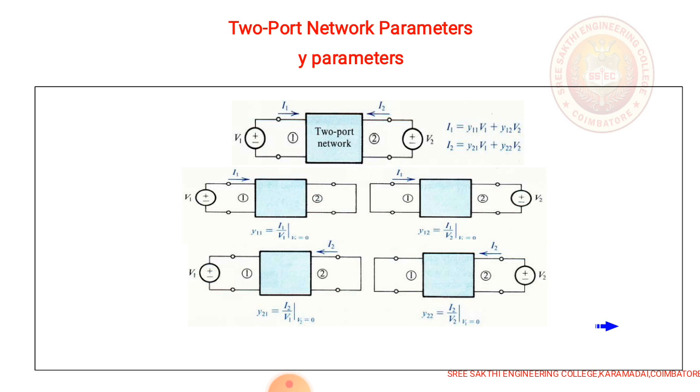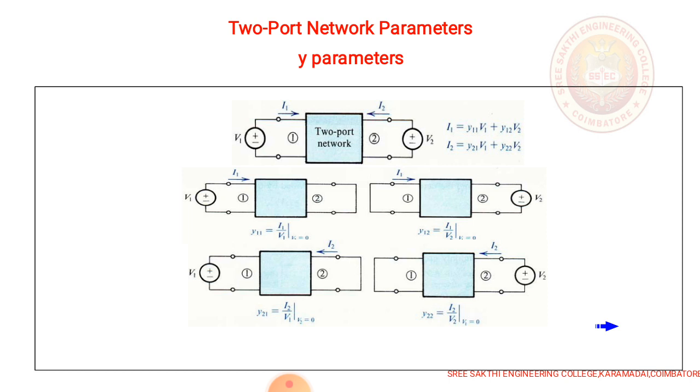The parameters are denoted by Y11, Y12, Y21 and Y22. These are the Y parameters. This first block is elaborated in the next session, where these blocks have the parameters Y11, Y12, Y21 and Y22.